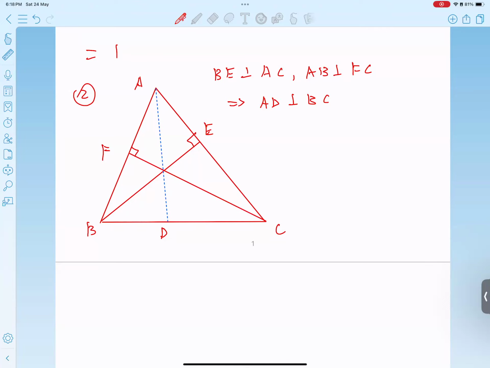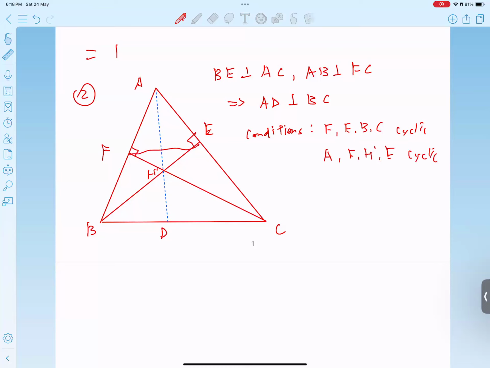So to do that, we have to make use of the fact that our conditions are that F, E, B, C are cyclic. And so let this point be H', and A, F, H', E are cyclic as well.